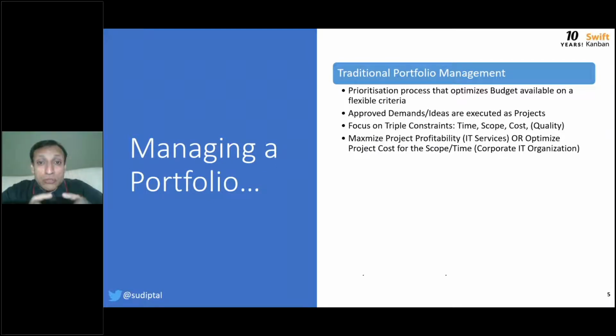So the most important thing is that you've got a budget, you've got funding, you've got a whole bunch of ideas. You want to look at different dimensions. You could prioritize based on multiple different criteria.